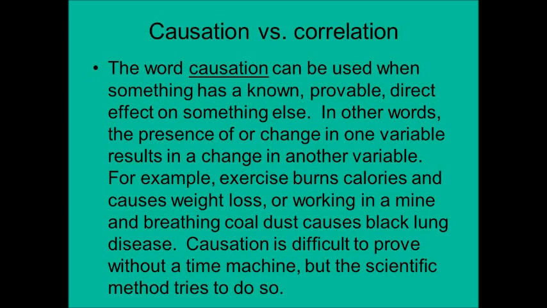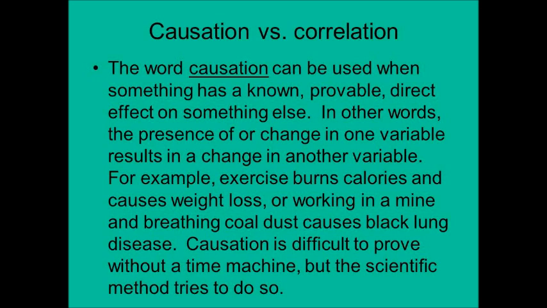So it's conceivable that on the AP Comparative Government exam you might be asked to explain the difference between causation and correlation. I'm sure this has been covered in some of your science classes, but just in case, causation's root word is cause. So you can use the word causation when you are able to say that one thing causes another thing to happen. I give you some examples there in this slide.